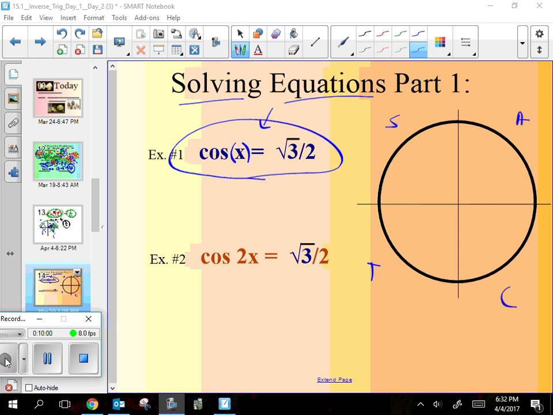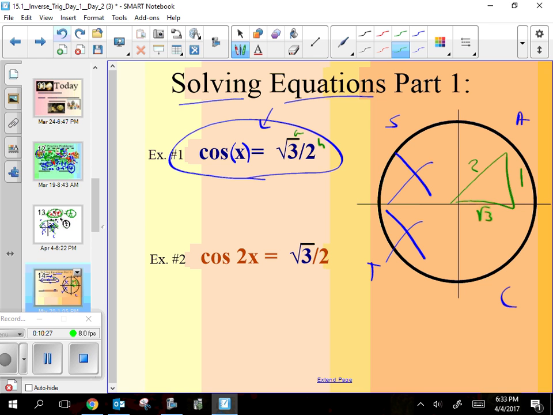Okay, back from the pause, and here's how you should have done this one. Cosine's positive. That means it can't be here, can't be here. This is not an inverse cosine question. If it was, I would limit it to only this zone here, but it is not an inverse cosine question. So I will have two answers. One goes here, and that's going to be adjacent over hypotenuse. The adjacent side is √3, hypotenuse side is 2.